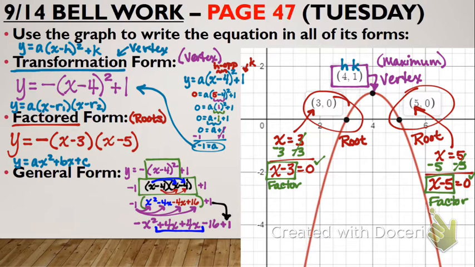So I have a 4x and a 4x here. Yep, that'll be a positive 8x. Anything else to combine? Negative 16 and positive 1. Negative 15. So my general form, I would have y equals what? Negative x squared plus 8x minus 15. Yes, negative x squared plus 8x minus 15. Absolutely beautiful, fantastic work, guys.